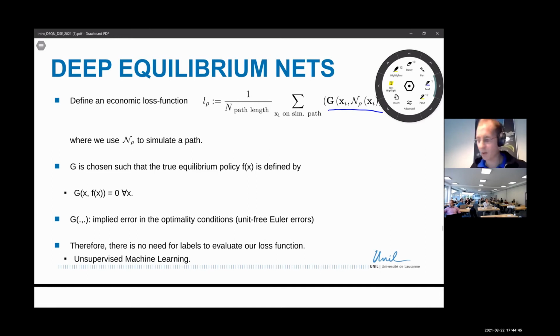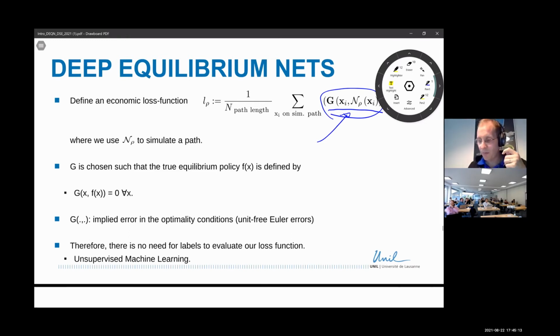I will afterwards talk about the OLG model, but here it's the most generic way. So G would be the equilibrium condition, the first order conditions of my model. We know they need to hold along a simulated path. So if I know the true equilibrium policy function, then given a state, that object would evaluate to 0.